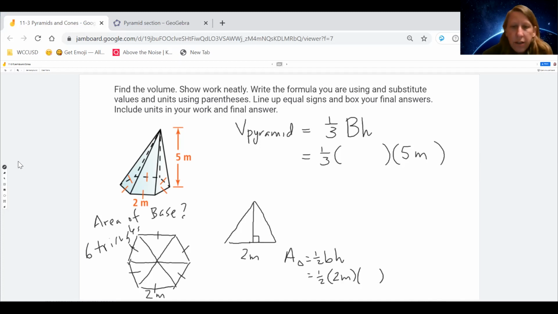So how are we going to find the height of this triangle? Well, for that, we're going to have to go back and say, wait a minute. Let's see if we can figure out some of the angles here. So this angle would be interesting to know. And I can find that angle because all 6 of these triangles are the same because this is a regular hexagon.